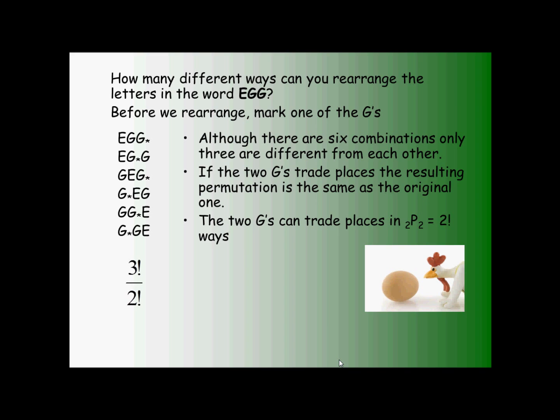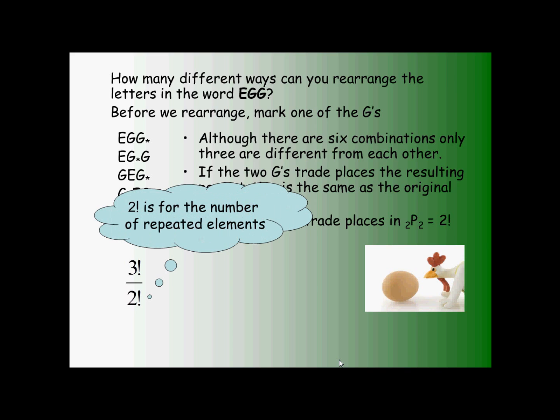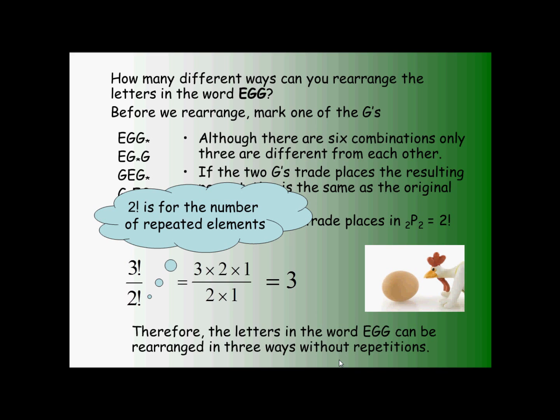So what we do is we take 3 factorial because we have 3 letters that we're rearranging in total, and we're going to divide out for the repetition by dividing by 2 factorial because the 2 G's can be arranged in 2 factorial ways. So we get 3 factorial over 2 factorial, which ends up being 3. So we know there's only 3 ways in which we can rearrange the letters in this word.